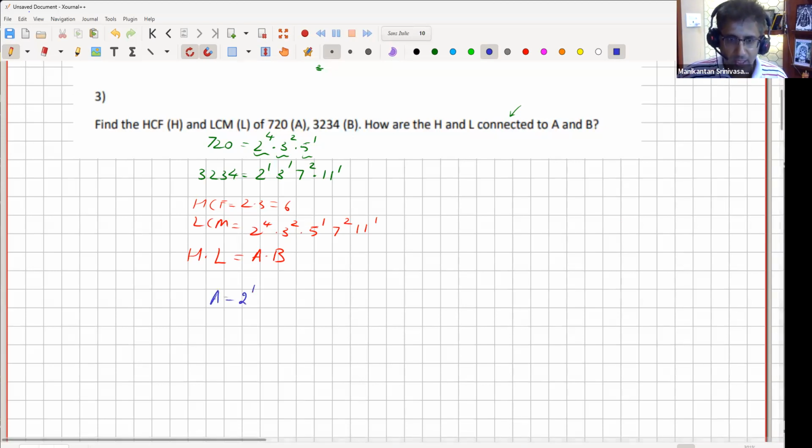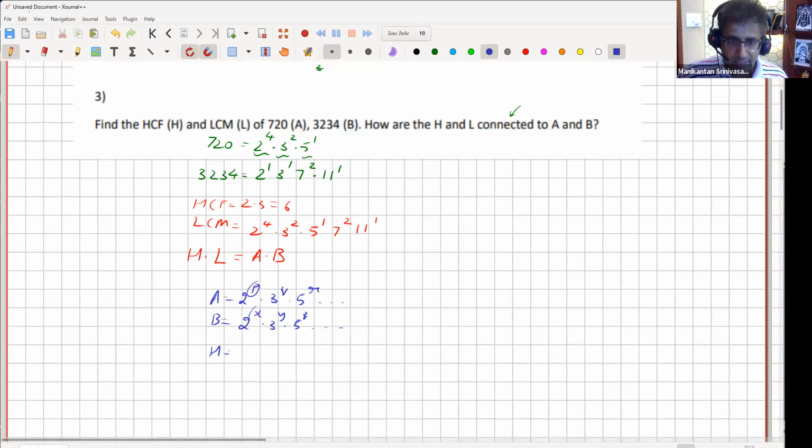So basically, let's say A is 2 power p times 3 power q times 5 power r and so on. And let's say B is 2 power x, 3 power y, 5 power z and so on. When you say HCF, it's the minimum.